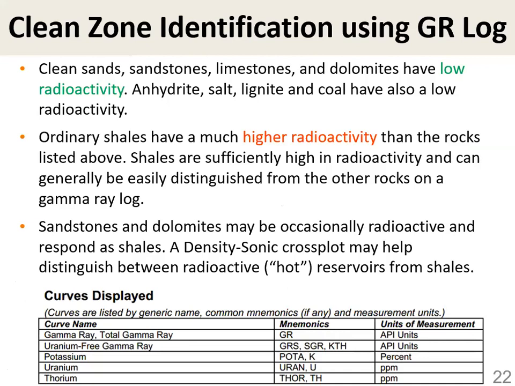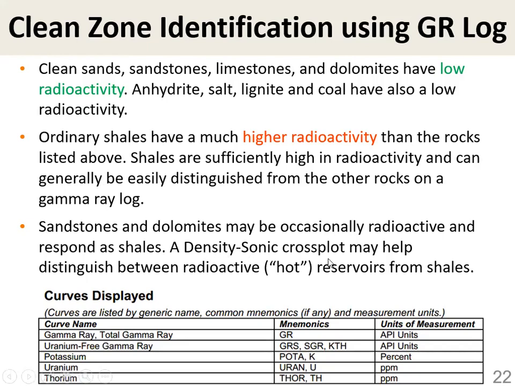So as mentioned earlier, clean sands, the sandstones, limestones, dolomites usually have low radioactivity. And some other formations like anhydrite, salt, lignite, coal also have low radioactivity. We'll see how they come into play. So ordinary shales have high radioactivity, we've talked about that.